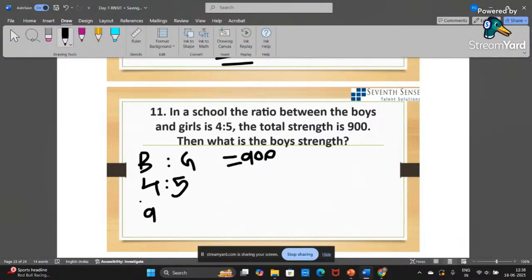The sum of your ratio will be 9, and you have to divide 900 by 9. Okay, we got the value of 100.